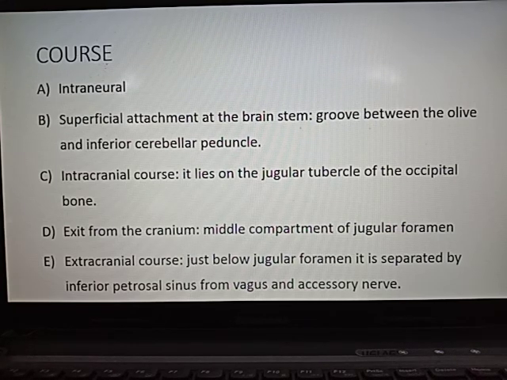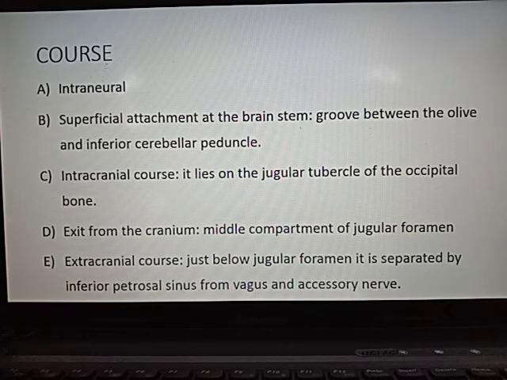It lies on the jugular tubercle of the occipital bone, along with the vagus and the accessory nerve. Then exit from the cranium. This glossopharyngeal nerve exits the cranium through the middle compartment of the jugular foramen, through which pass the meningeal branch of the occipital and the ascending pharyngeal artery. The glossopharyngeal nerve lies in a separate sheath of the dura mater.